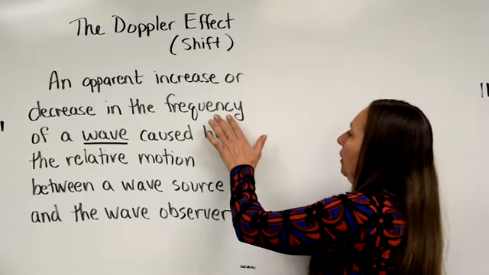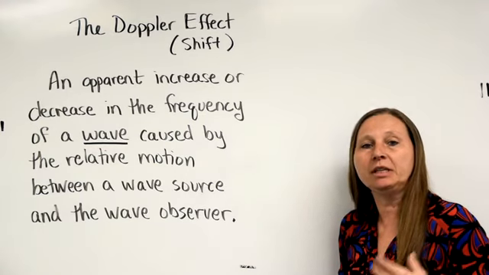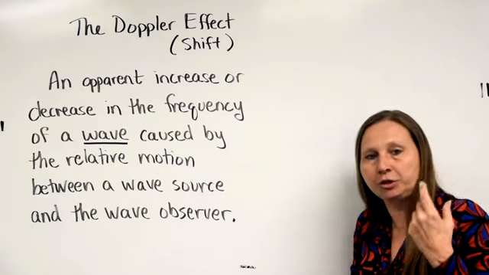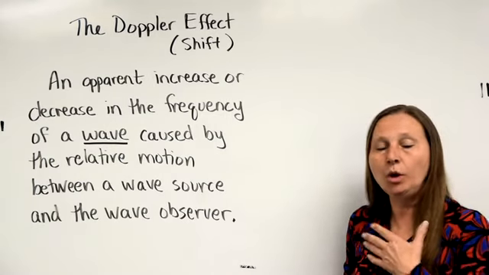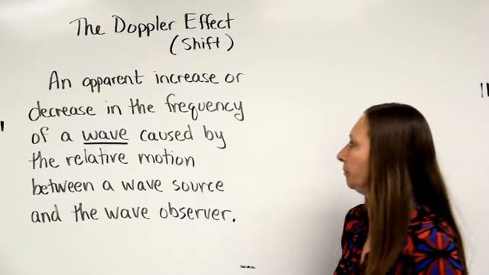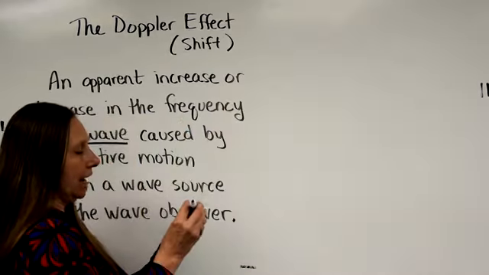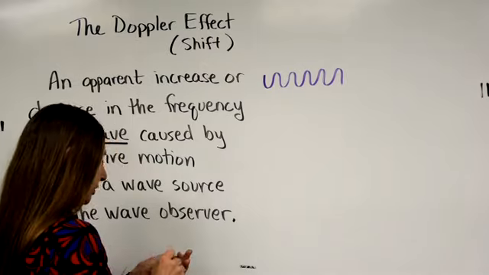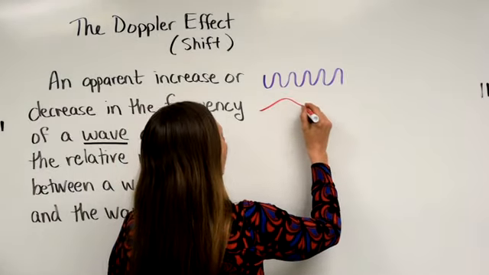Now, the frequency of a light wave is going to be the type of light or the color of the light. What we're going to perceive, because the only kind of light that we can perceive is visible light, is a change in the color. So for example, high frequency light would be shifted toward blue or purple, and low frequency light would be shifted toward red or orange.